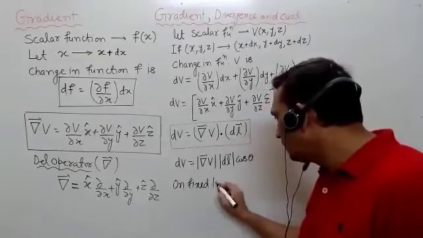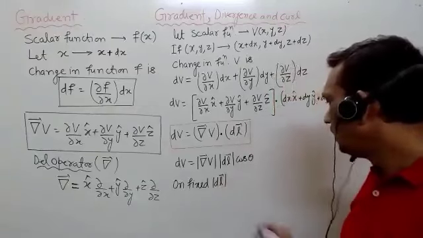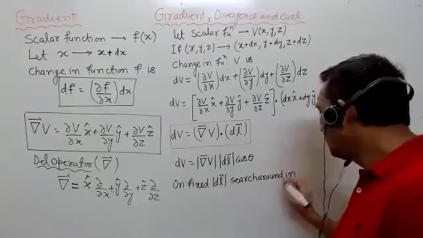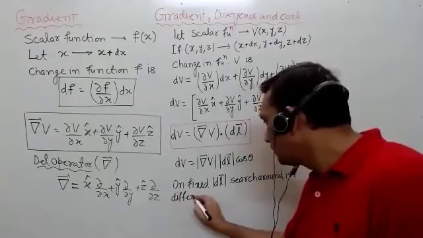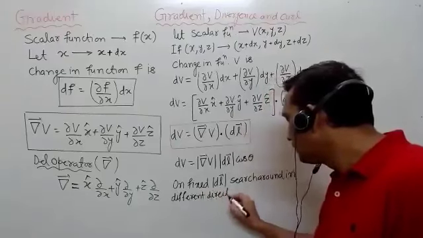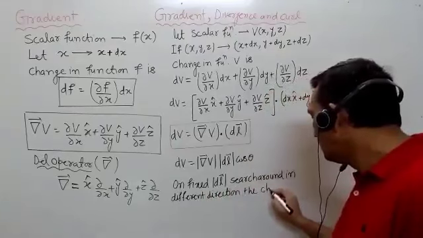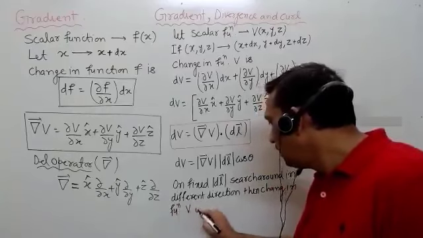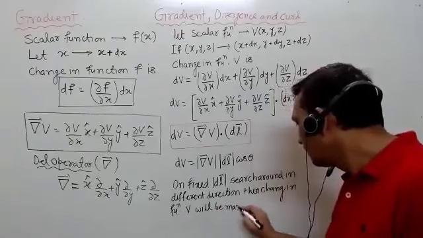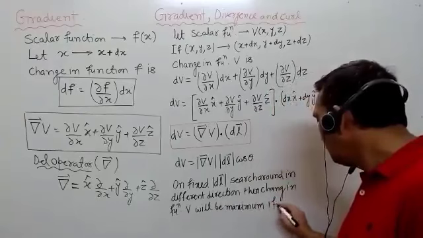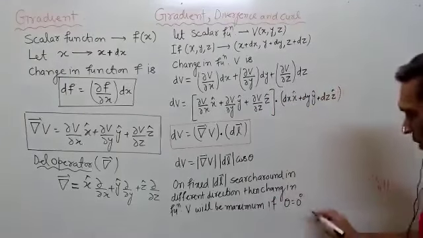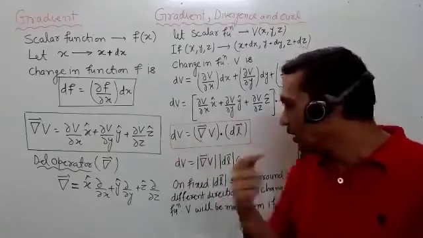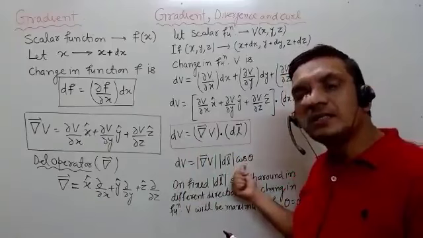On a fixed dl, if you search around in different directions, the change in function v will be maximum when theta is 0 degrees.